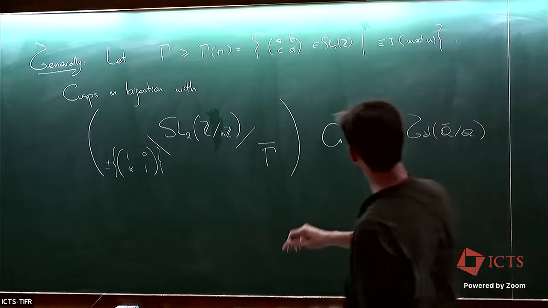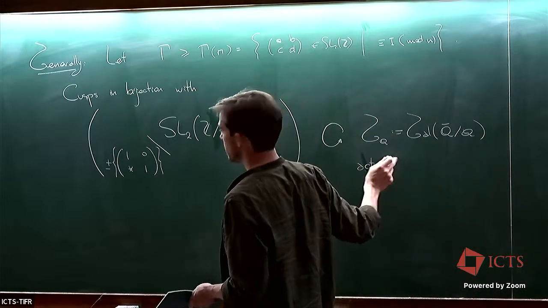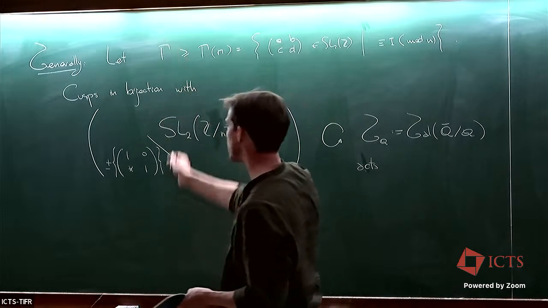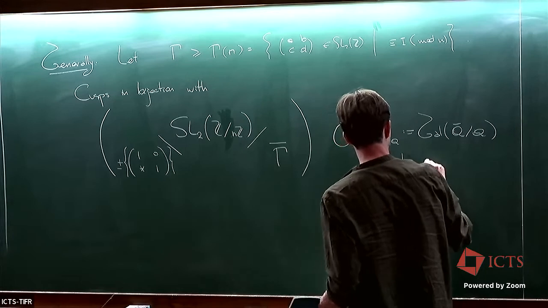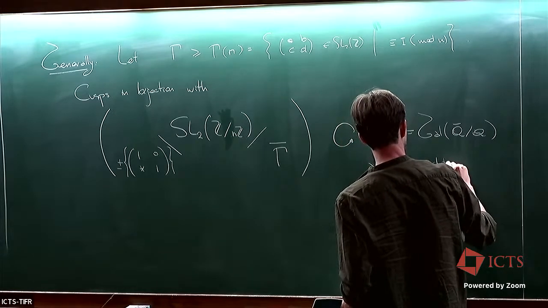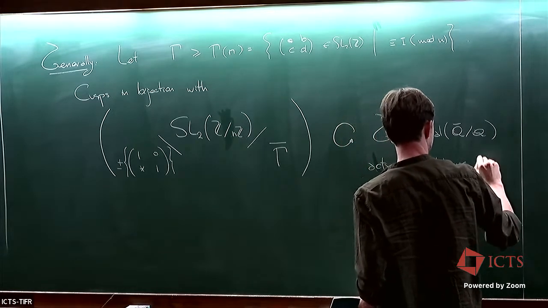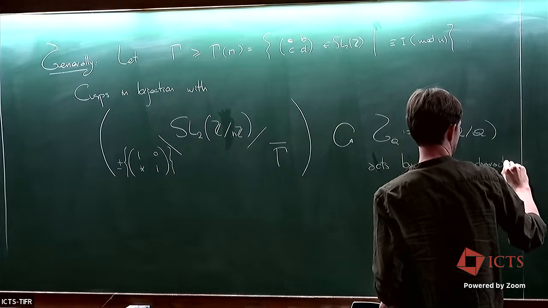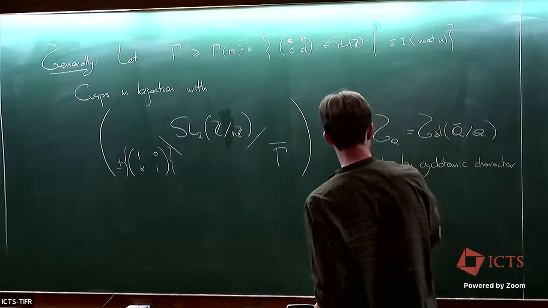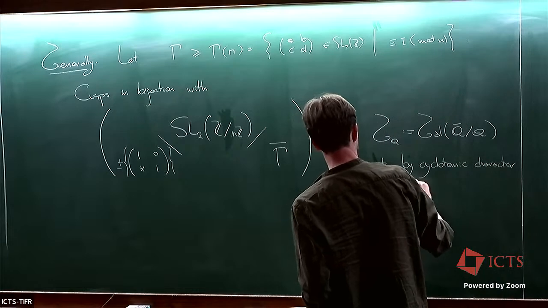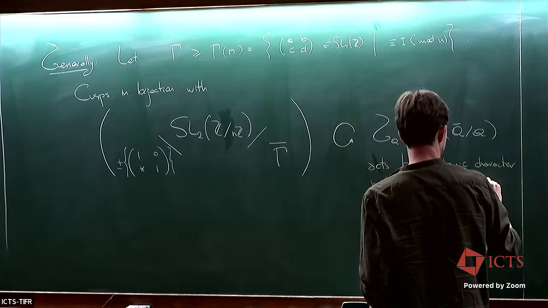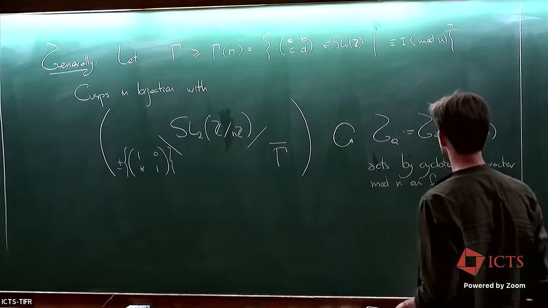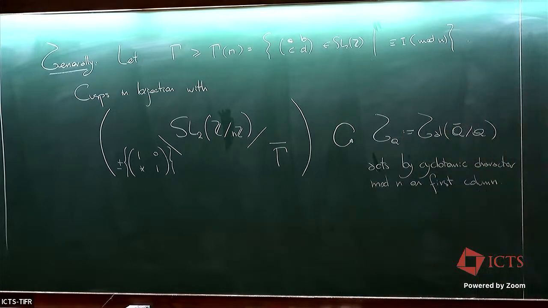If I have such a matrix, I'm going to act by Galois on it by acting on the elements in the first column by multiplication by the cyclotomic character. This is for the elements in the first column, where I just act on the cyclotomic field.